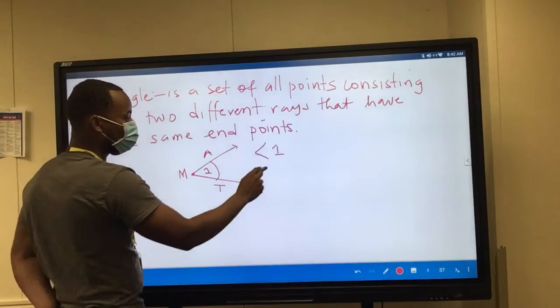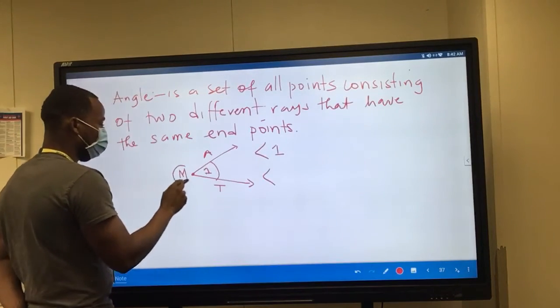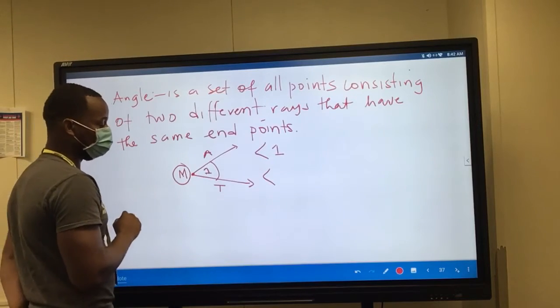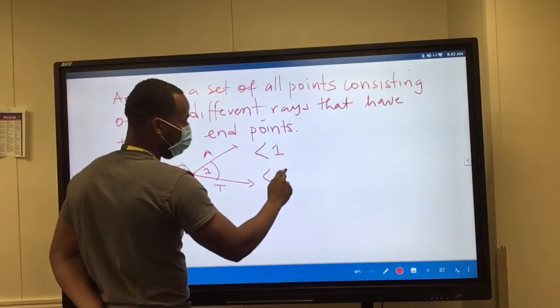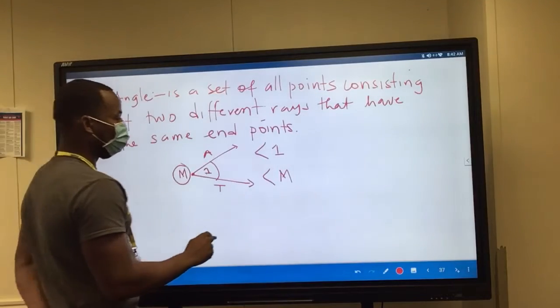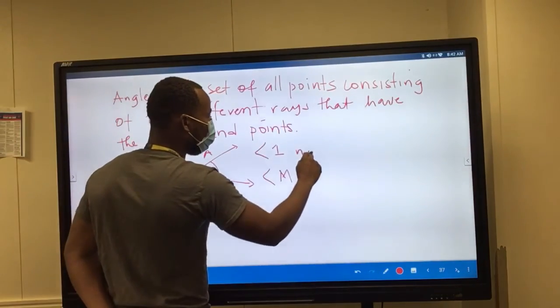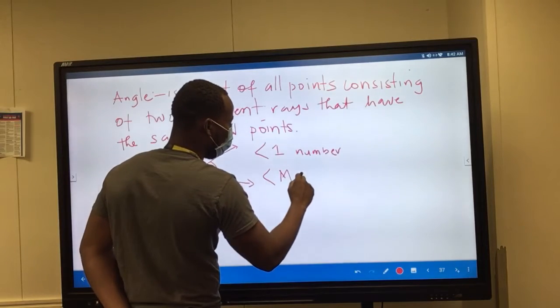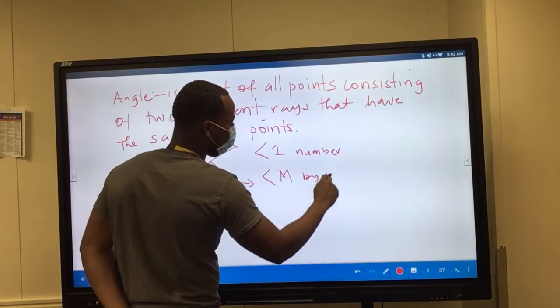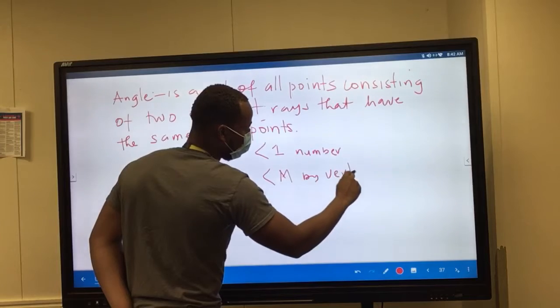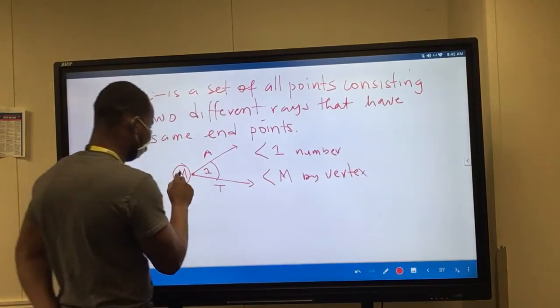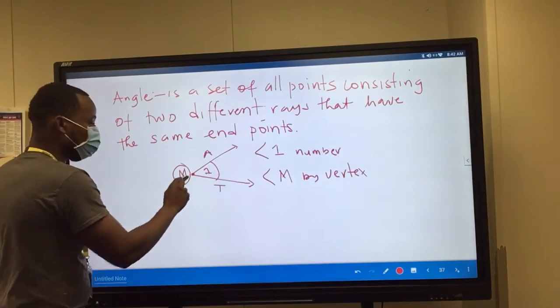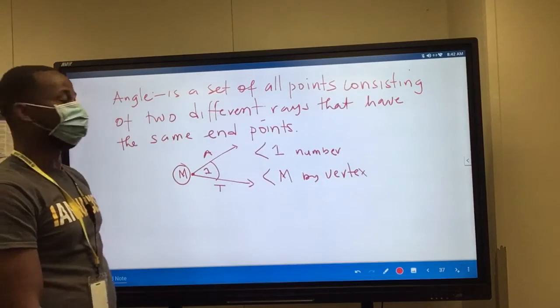I can also name it by the endpoint, which is called the vertex, which is M. So we can name an angle by a number or by a vertex. If two rays meet, we call that point the vertex.